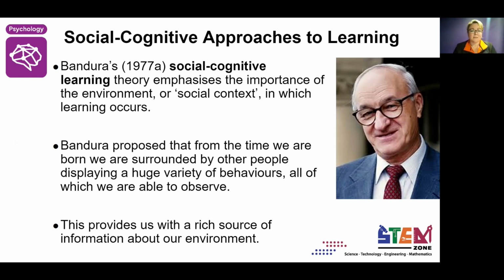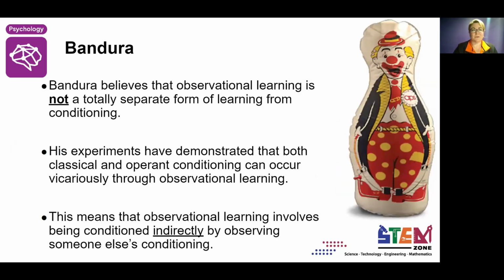From when we were born all the way through our lives, we are watching all the people around us and we are learning through their behavior. Now, this can also mean that you are being conditioned, but it's not actually happening to you. So this is what observational learning is, yeah? That means that it's not totally separate from every other learning.